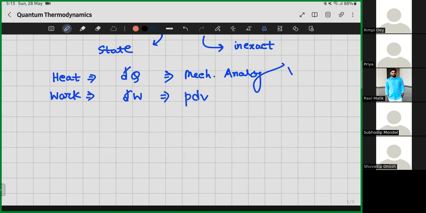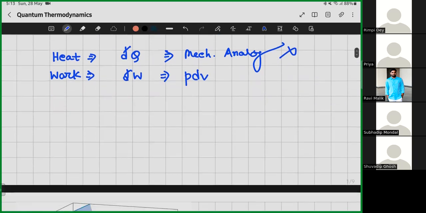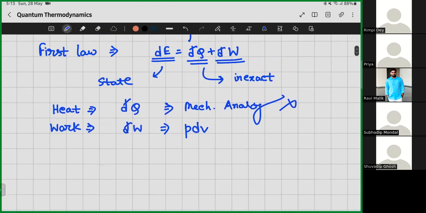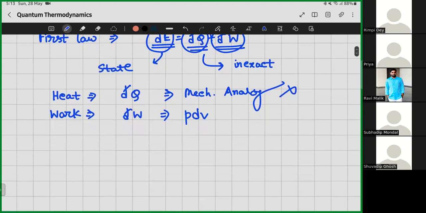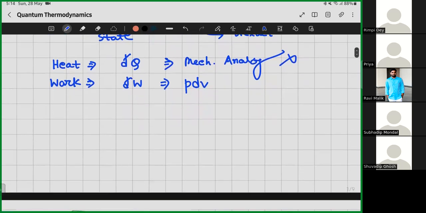So that's why we can say that heat is basically the useless part of the energy. If we think that internal energy is categorized into two parts, heat and work, then as heat does not have any mechanical analog, this is the useless part, and the work is the mechanical part by which we can get some outcome.